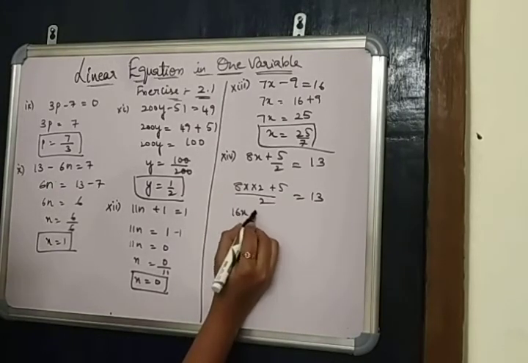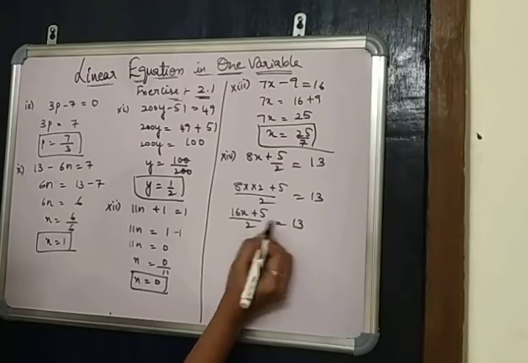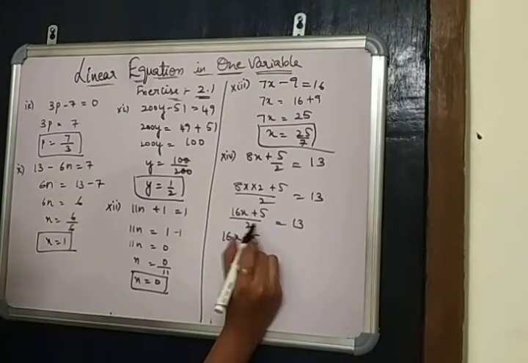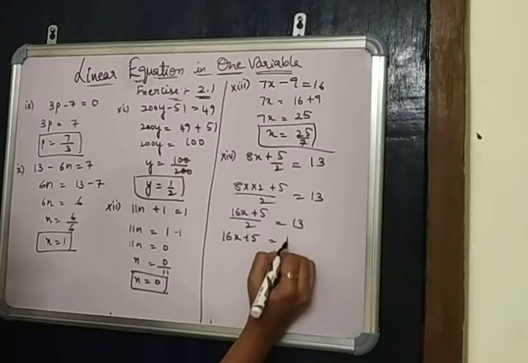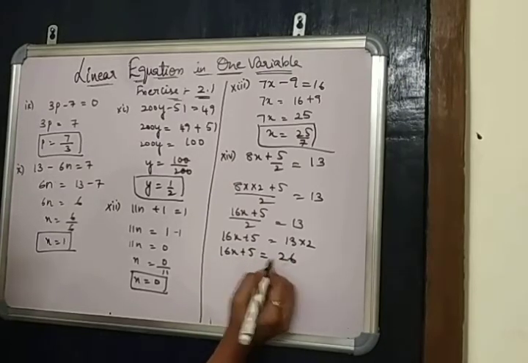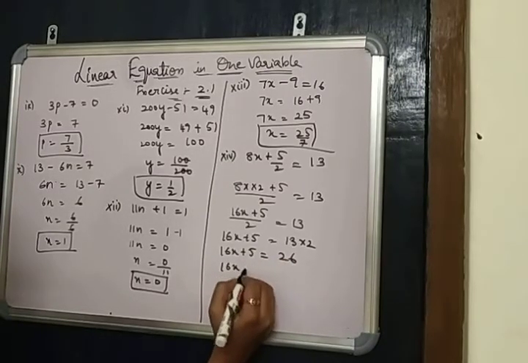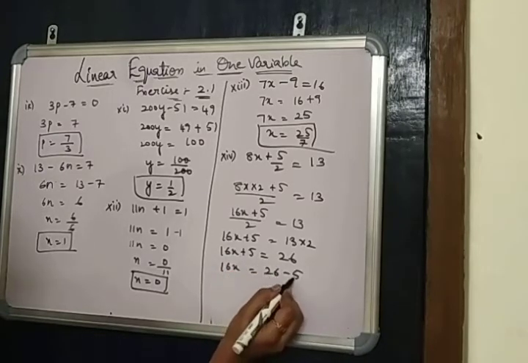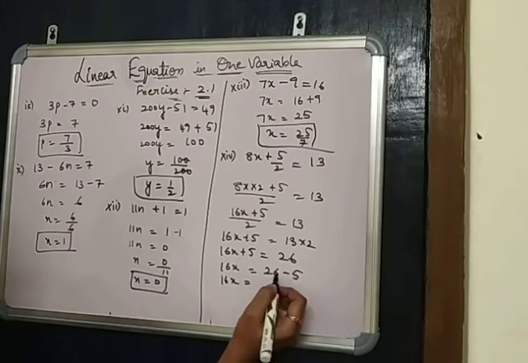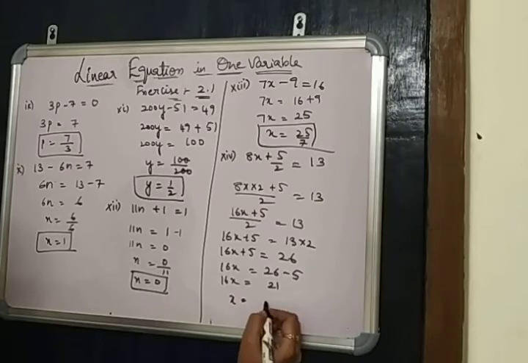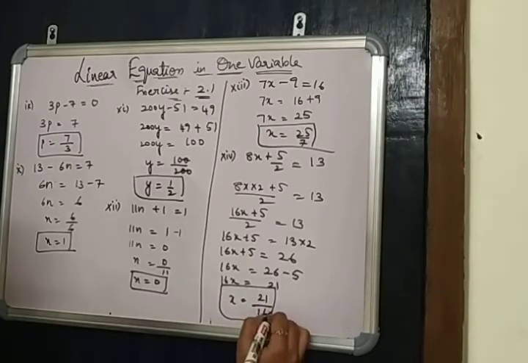So 16x plus 5 divided by 2 is equal to 13. 16x plus 5, where transpose this 2 onto the right hand side, 13 into 2, 16x plus 5 is equal to 13 2s are 26. 16x is equal to 26 minus, transpose this 5 into the right hand side, it will become minus 5. 16x is equal to 26 minus 5 is 21, and transpose this 16 into the right hand side, it will become 21 divided by 16 is your answer.